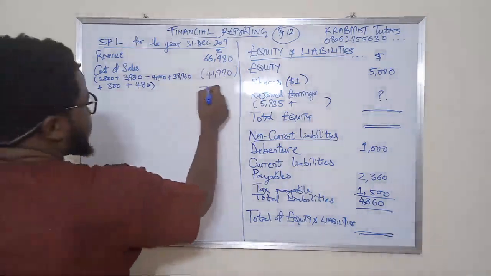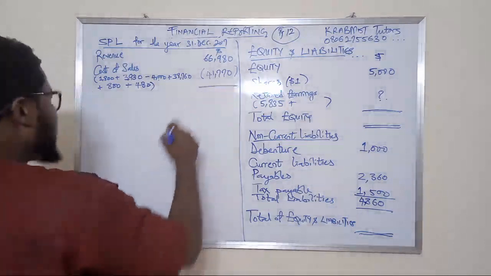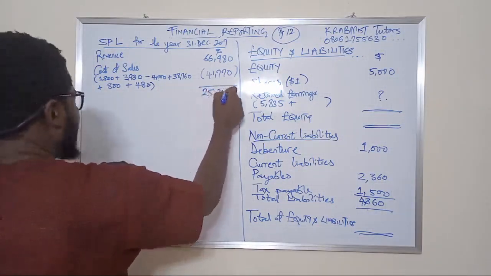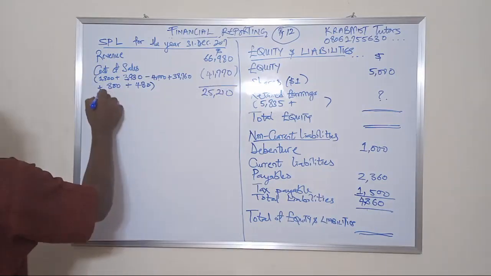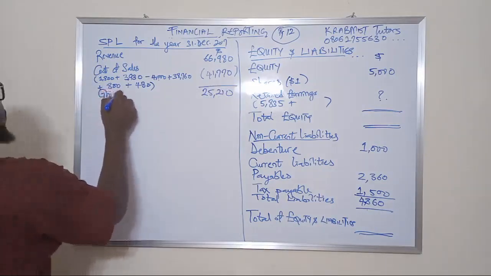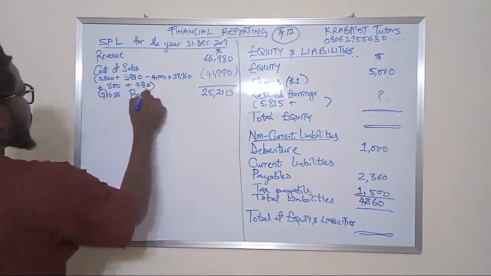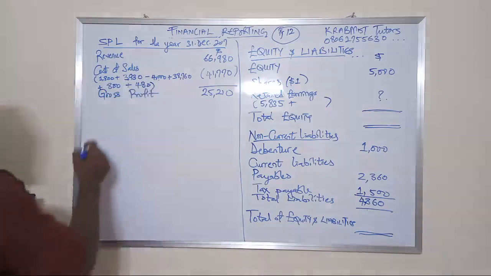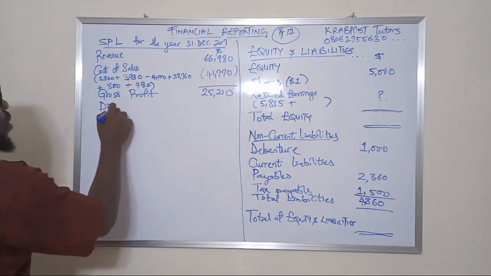Okay, when we do this, we have 25 to 10. This is the gross profit. Gross profit. So we move to distribution cost.